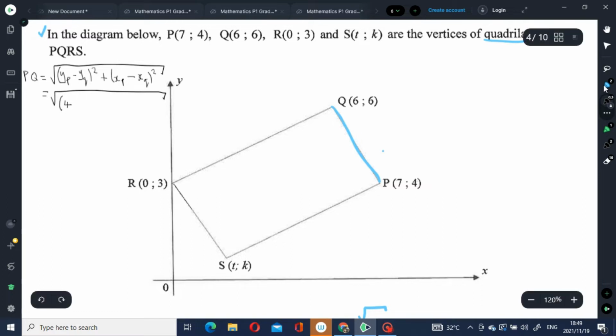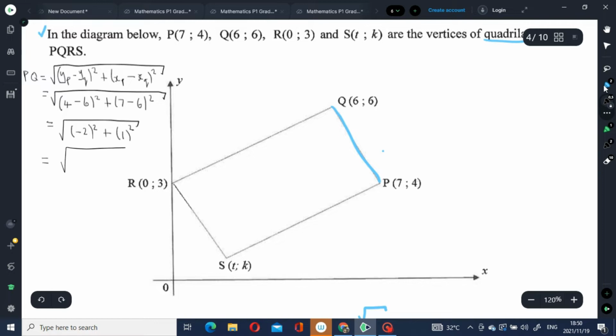The coordinate of P is 4, minus 6, to the whole squared, plus 7 minus 6 to the whole squared. So square root of the whole thing, and we know that 4 minus 6 is negative 2 squared, plus 7 minus 6 is 1 squared.